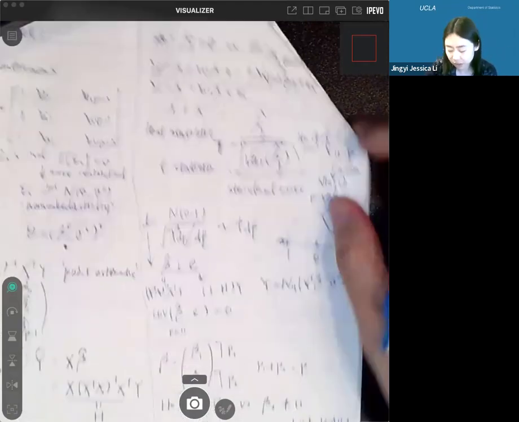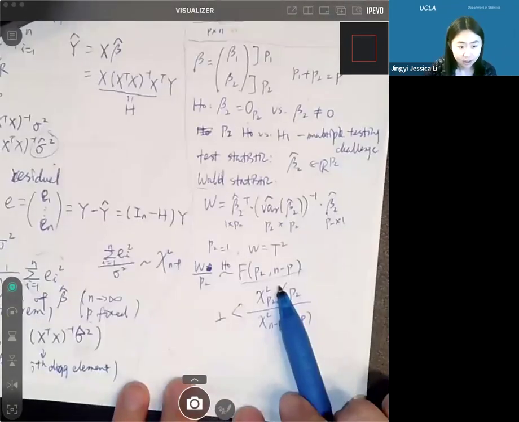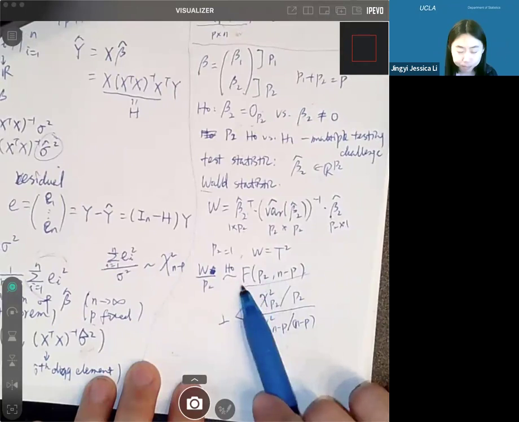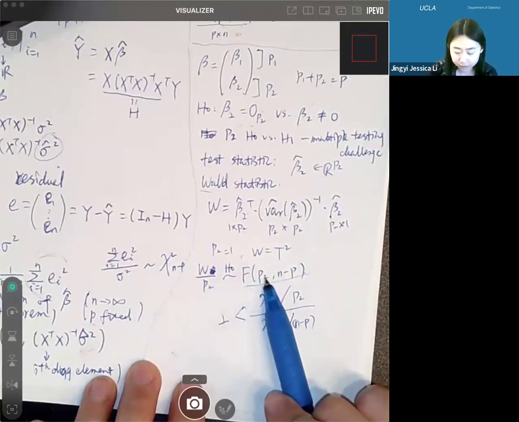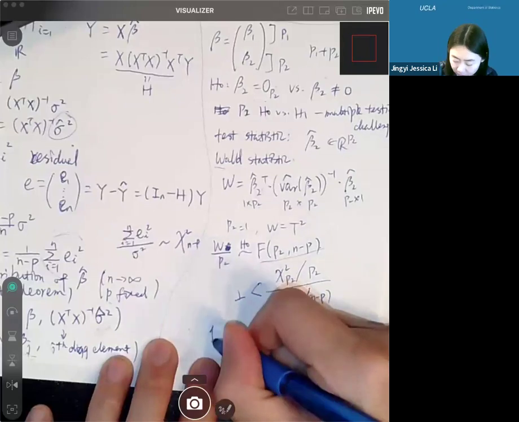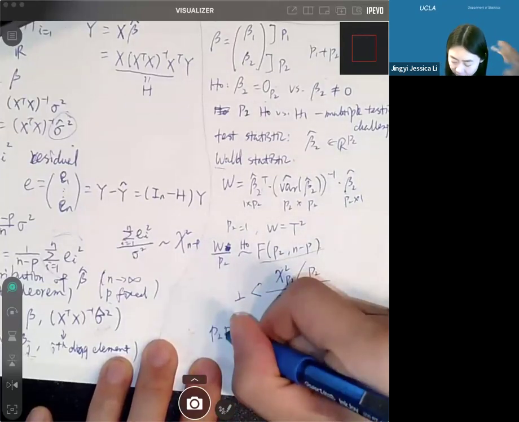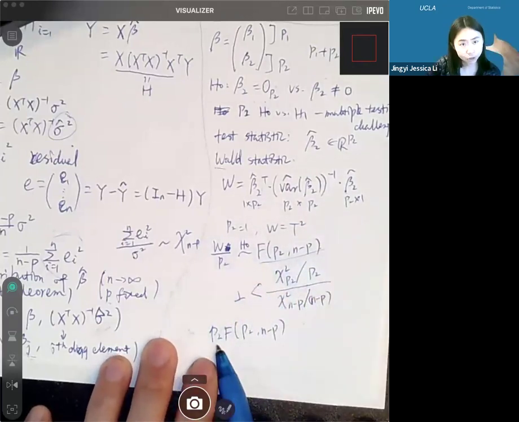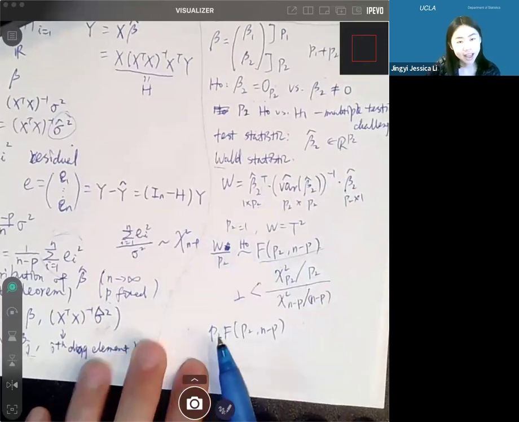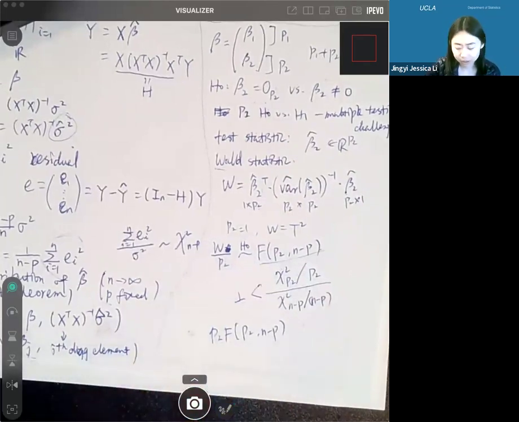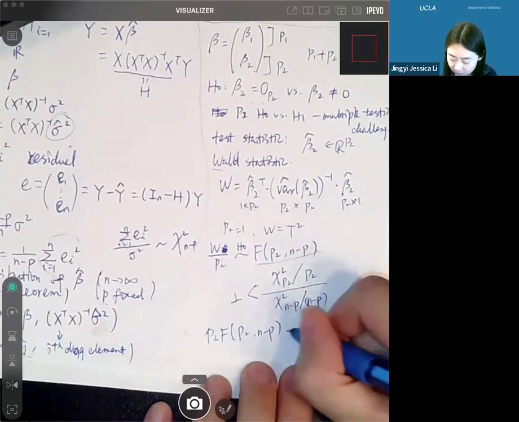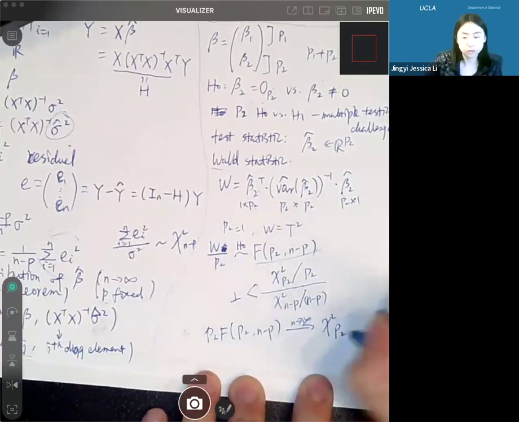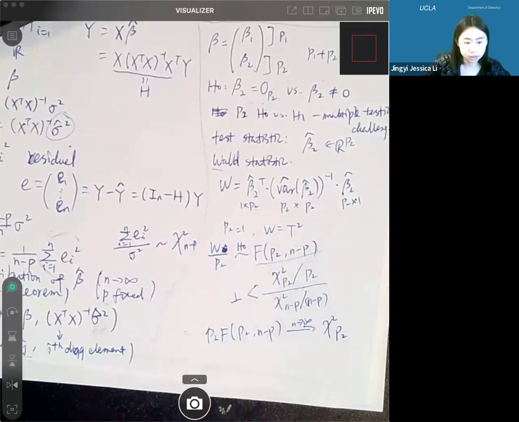Okay, this is for the T distribution. Then for the F distribution, if we multiply the F random variable by the numerator degrees of freedom P2, and let the denominator degrees of freedom go to infinity, as n goes to infinity, this converges to the chi-square distribution with P2 degrees of freedom. So there's also a correspondence here.